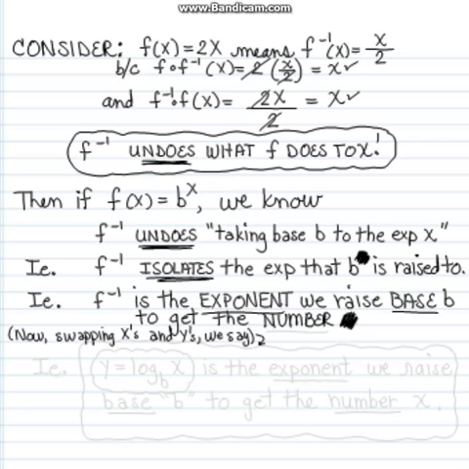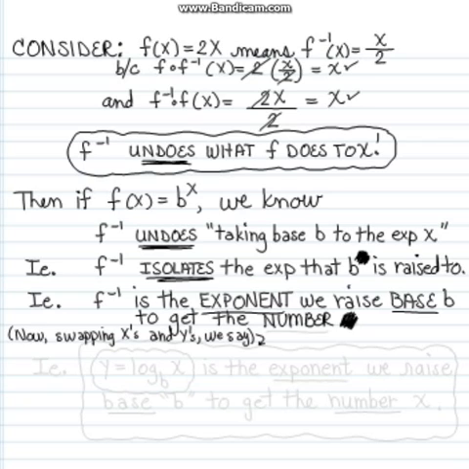Okay, so I need some way of saying my function is going to take the base b and expose just the exponent and all this garbage. Well, the way you say that, the inverse, is you call it a logarithm with the base b.